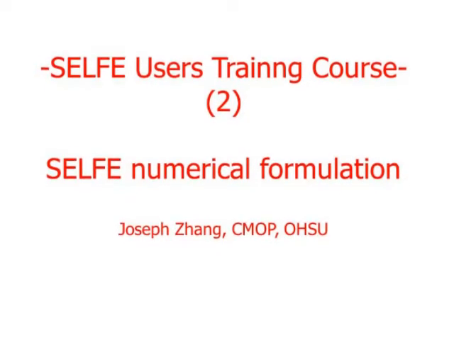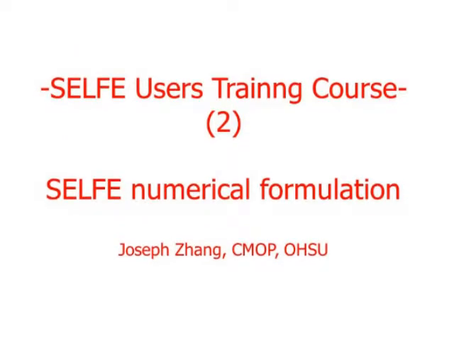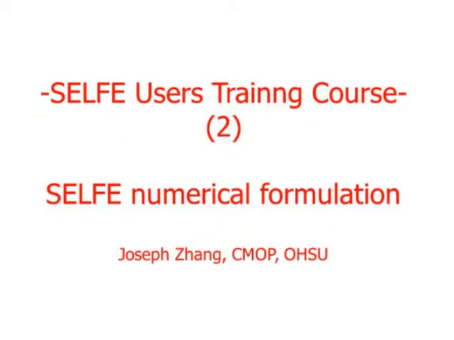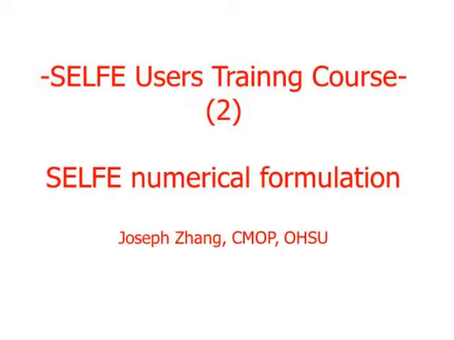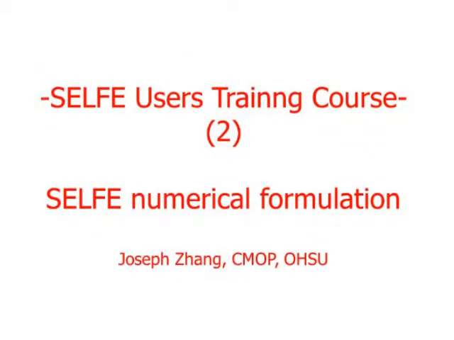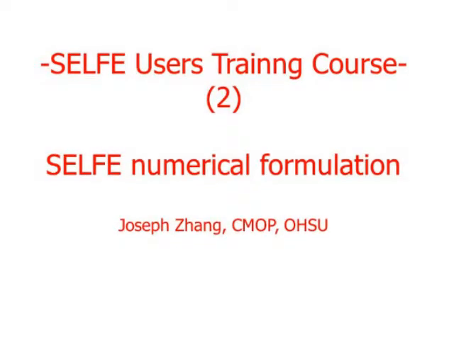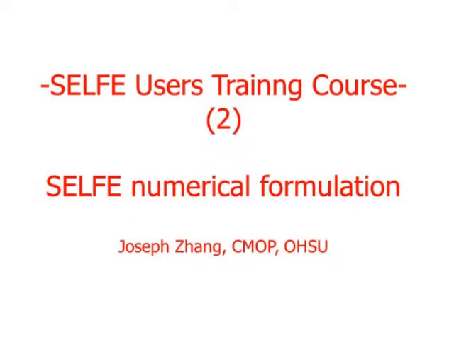The first part, the barotropic solver part, consists of two coupled equations: the continuity equation and the momentum equations. First of all, we discretize them semi-implicitly. So n plus 1 is the new time step, and n is the previous time step.